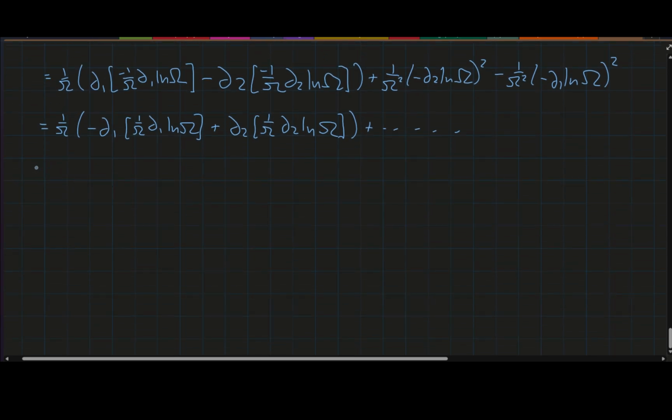So now we can start the product rule. So a minus, and then let's just open a bracket here. So we're going to have del 1 of omega to the minus 1 times del 1 of ln omega plus omega to the minus 1 del 1 ln omega.